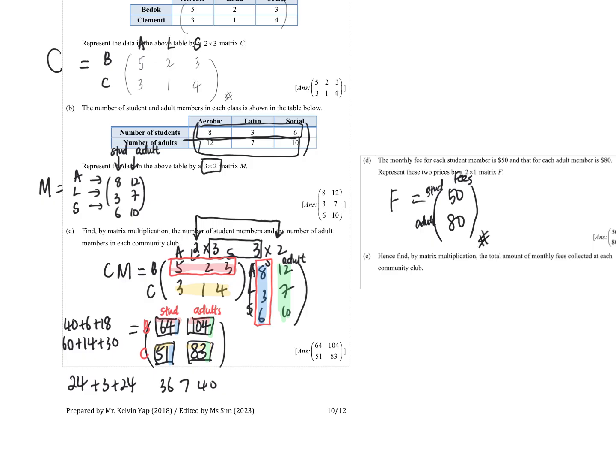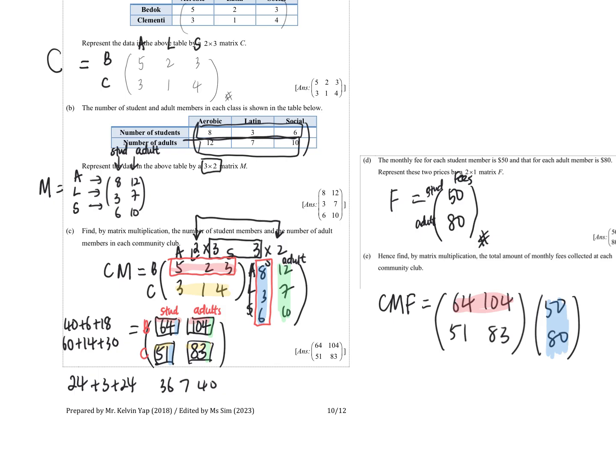Okay, so finally they say, can you find the total monthly fee that you can collect at each community club? So should I do FCM or CMF? CMF. So you must know when to multiply by what. So 64, 51, 104, 83, 50 and 80. So it makes sense when I multiply the horizontal with the vertical, because it tells me this is the fee for the student, this is the fee for the adult.